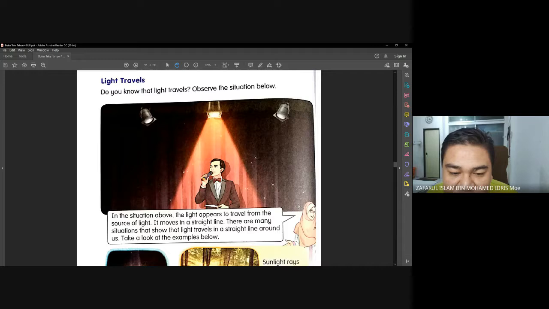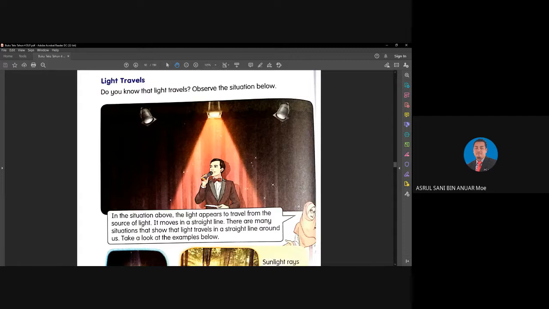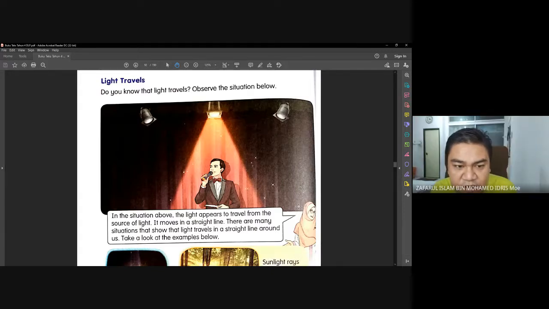Okay, a situation. Look, in the situation above, the light appears to travel from the source of light. What is the source of the light? Can you tell me, class, anybody, which one is the source of the light in the picture? Cepat, cuba bagi. Light from a helicopter. Helikopter? Dalam gambar tu mana ada helikopter?